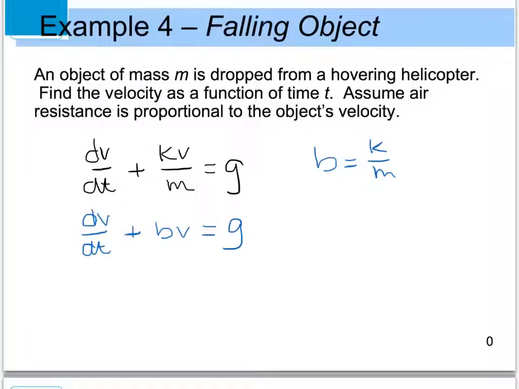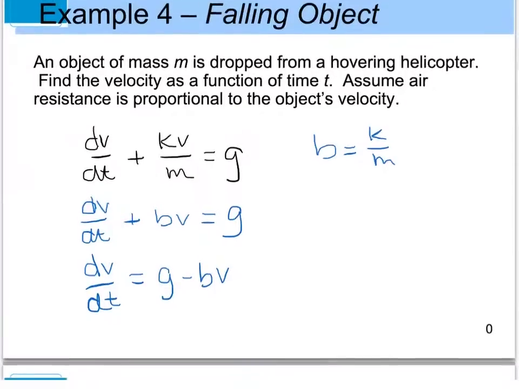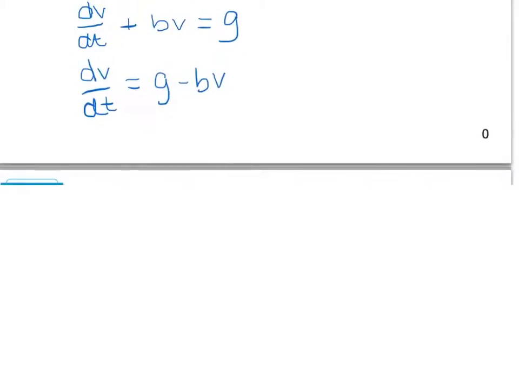Now, in order to separate my variables, the first thing I'm going to do is write dv/dt equal to g minus bv. Then I multiply both sides by dt, which gives me dv equal to g minus bv times dt.